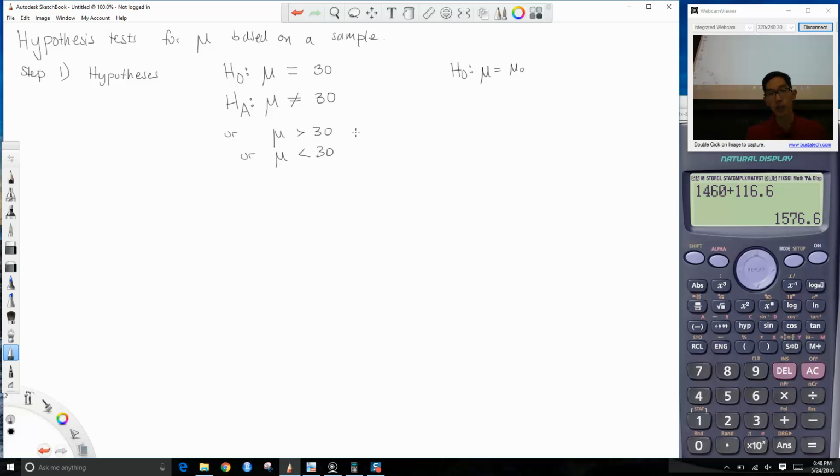Again, not necessarily 30, but some constant called mu 0 here. Throughout this, as I'm defining things, I'm going to just use mu 0 equal to 30, so we don't get confused. Okay, is this all right?